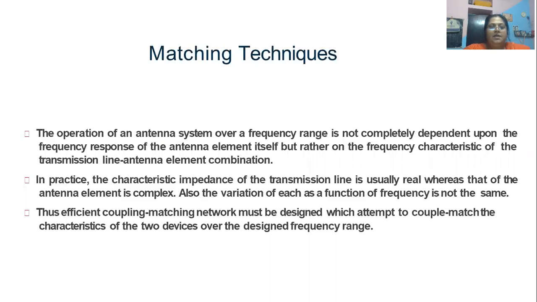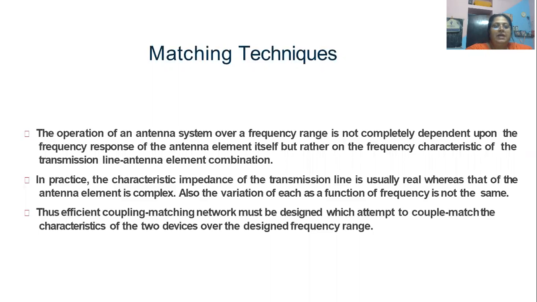In practice, the characteristic impedance of the transmission line is usually real, whereas that of the antenna element is complex. So the main importance of this transmission line with antenna element is that impedance matching is a must.